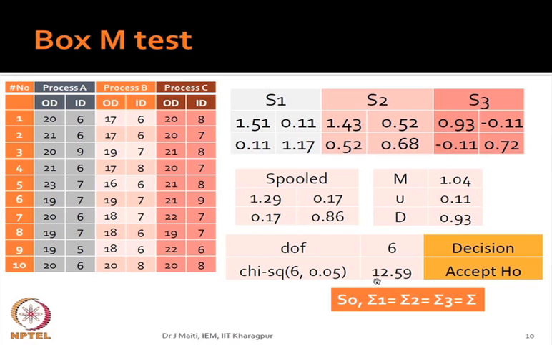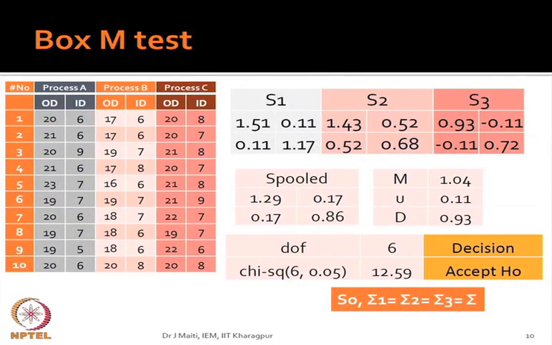So we fail to reject the null hypothesis, we accept the null hypothesis, that means the population covariances are equal. So the equality of population covariances is satisfied. Okay, if this is satisfied, then we will go for MANOVA.